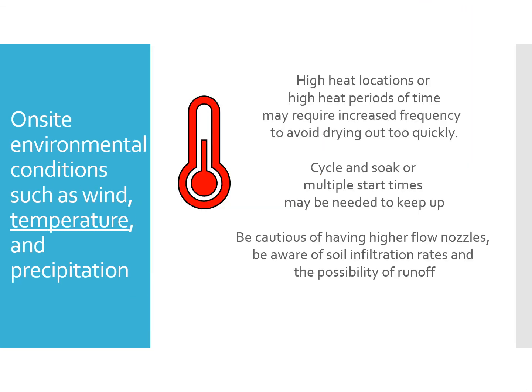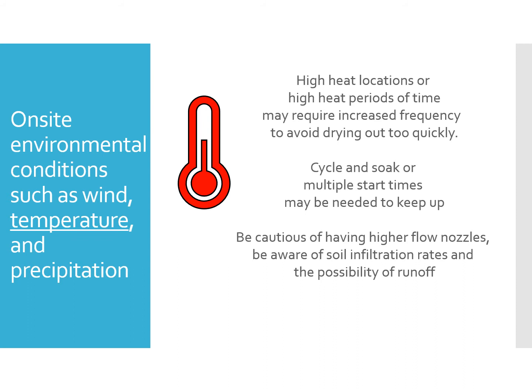Another on-site environmental condition to consider is temperature. If you have high heat locations or high heat periods of time, it may require increased frequency to avoid drying out too quickly. What I mean is, if you have a particular zone on your property that's a little hotter than other zones, you may have to have it on a separate program, which we'll talk about later.